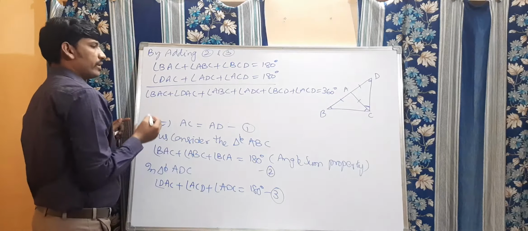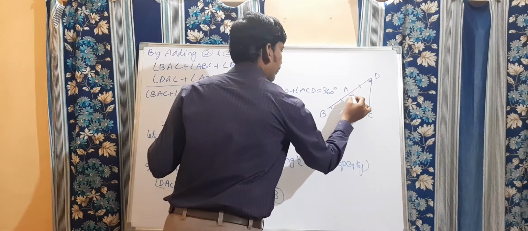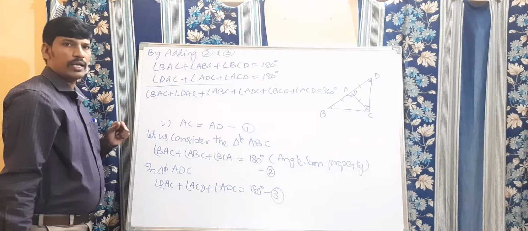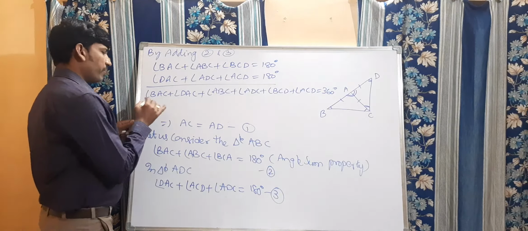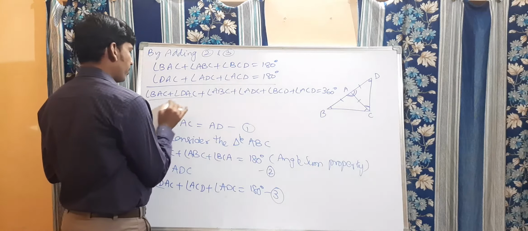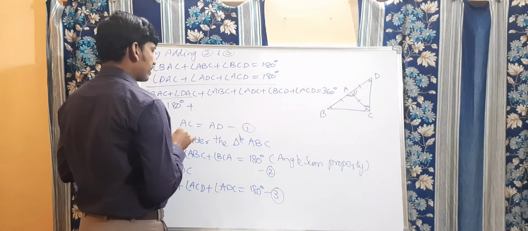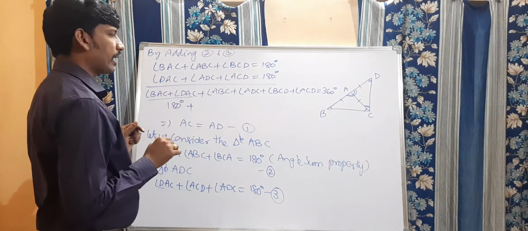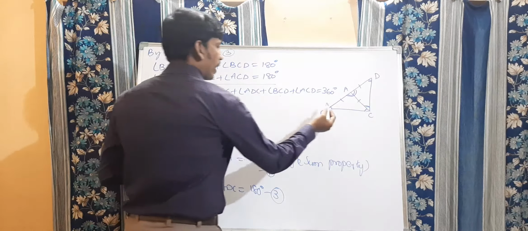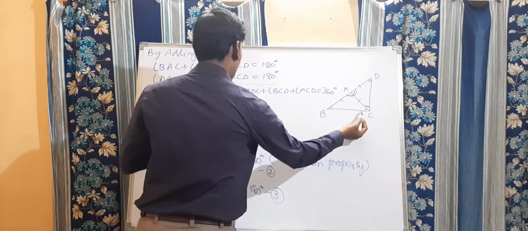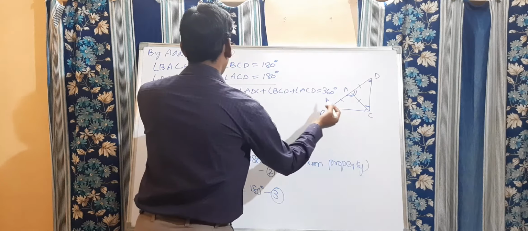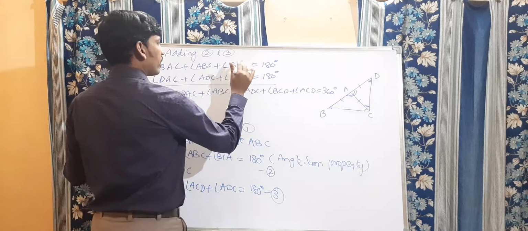Clear? So now observe here, BAC and DAC are linear pair. So here BAC plus DAC equals 180 degrees. Sum of these two will become 180 degrees, plus angle ABC plus angle BCA. These two are equal. Sorry, it is BCA.